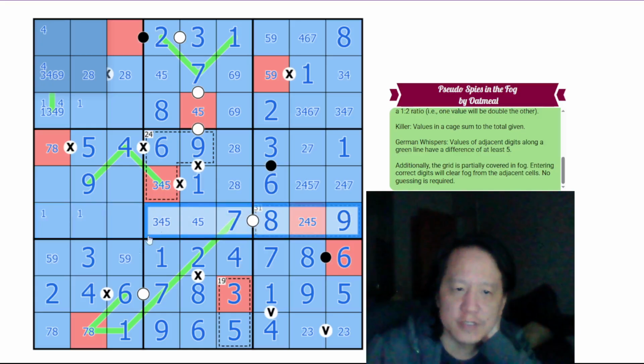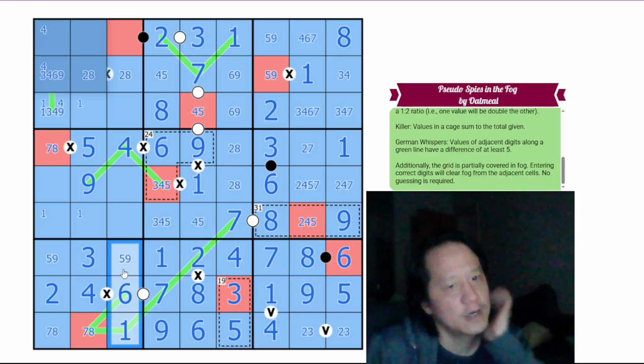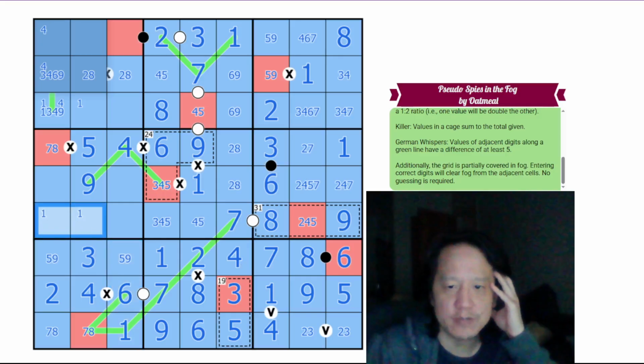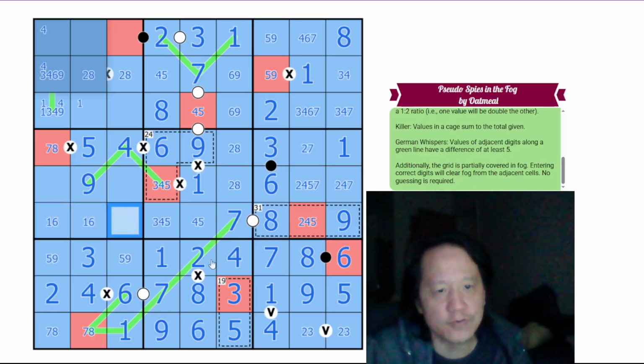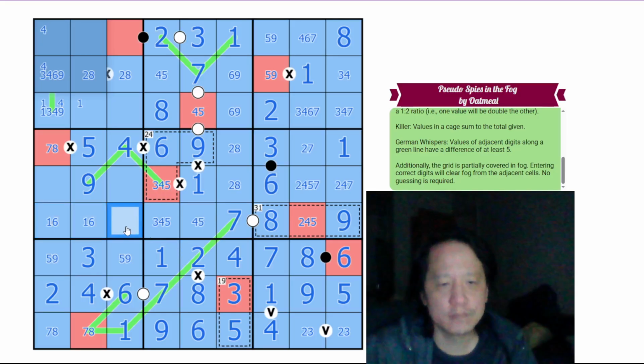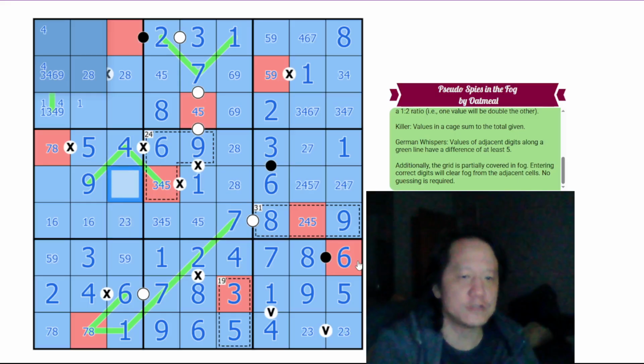Can't be here because of 6 in the box. Can't be here because of 6 in the column. So this must be a 1-6 pair here. That eliminates 1 and 6 in the rest of the row. So this can't be 1, 6, 7, 8, 9. So it could be 2, 3, 4, 5. Cannot be 4, 5 because of 4, 5 in the box. So this is 2 or 3.